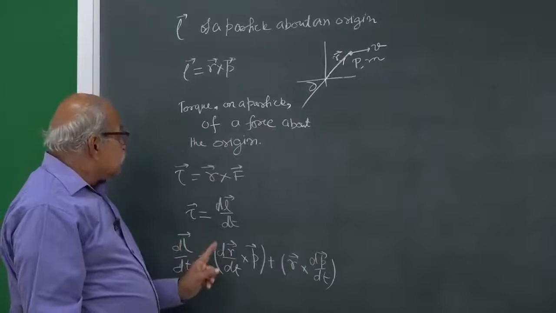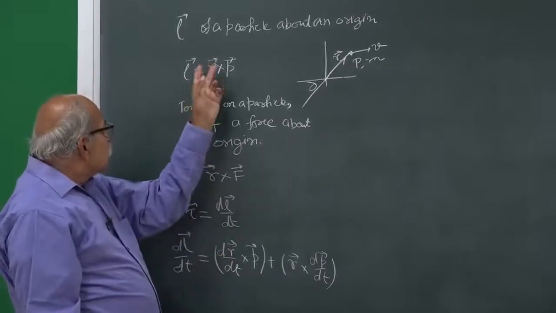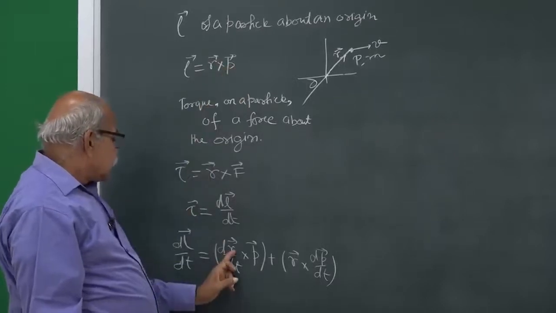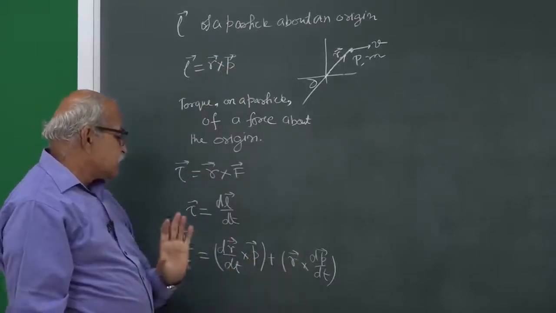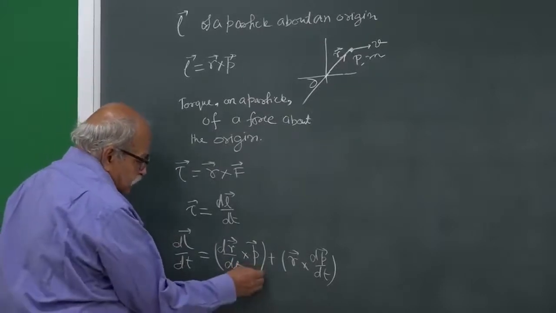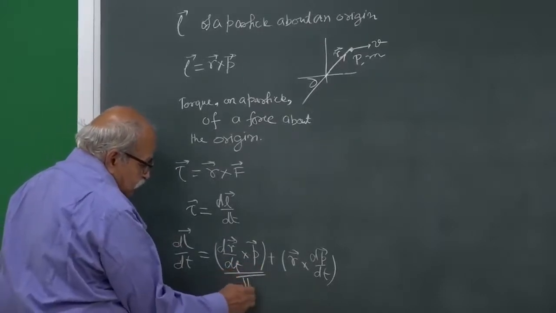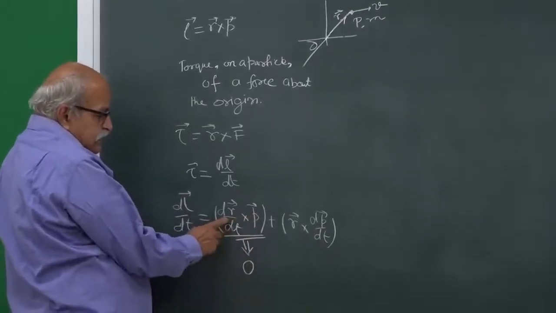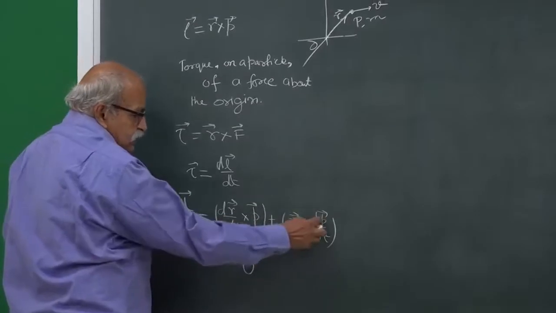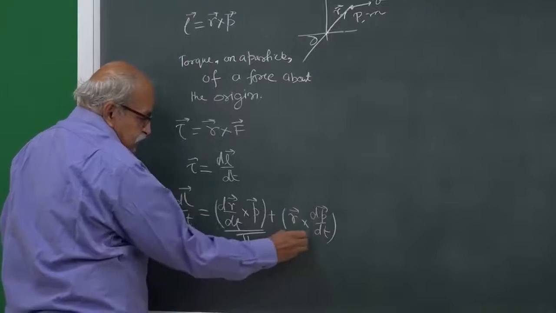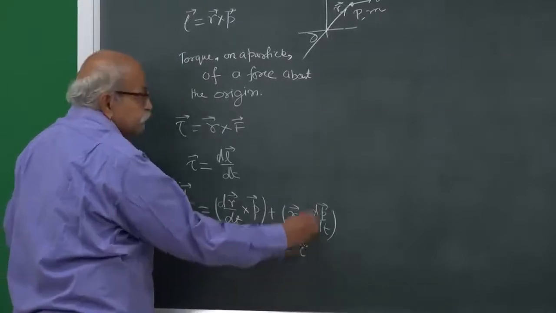Now, it is important that the order is not changed, r first, p next. So, this order should not change, and then one sees that this is 0, this is 0. Why? This is parallel to velocity, this is velocity itself. So, this is 0, and this is force, resultant force dp/dt, and therefore, this is equal to tau. Simple.